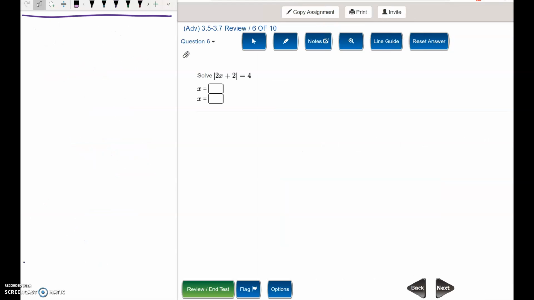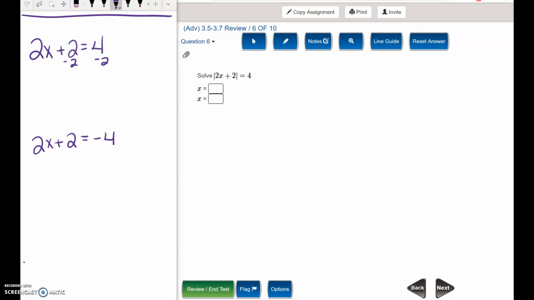Okay. These problems, it's going to be very helpful to have your notes out. Absolute value equals, you need to set up two equations. The first one is 2x plus 2 equals 4. The other equation is 2x plus 2 equals -4, and you need to solve both. The fact that it says x equals blank, that should help you to see that, hey, I need to do more than one equation.